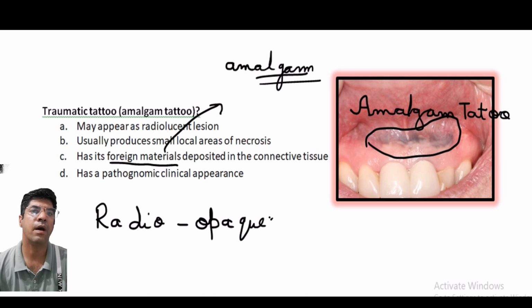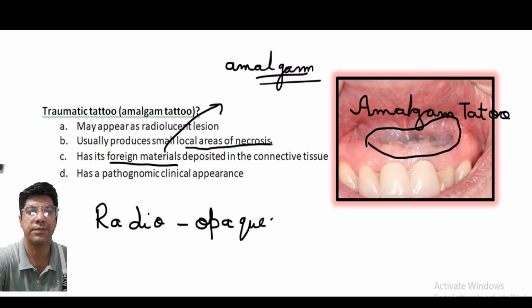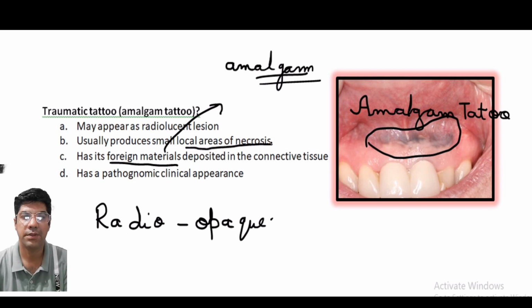Why? Due to the presence of amalgam particles. The amalgam particles make them radio-opaque. Second, it usually produces a small local area of necrosis. A traumatic tattoo does not typically result in necrosis or tissue death.